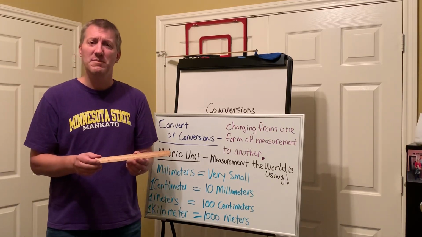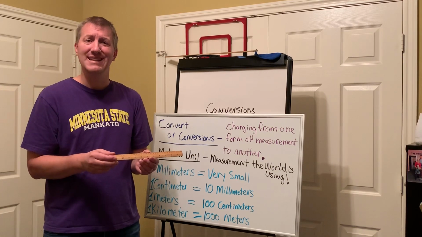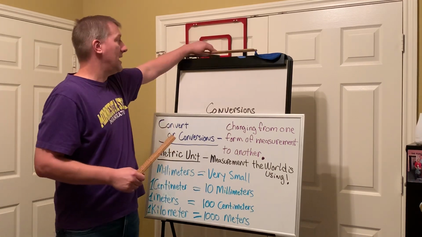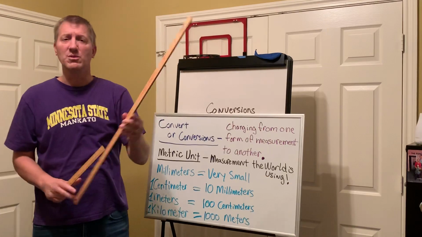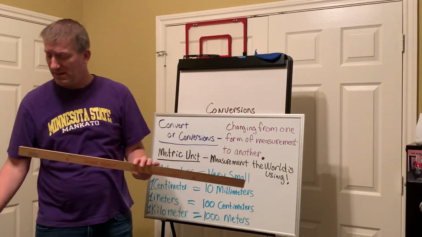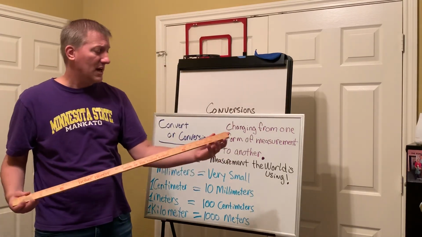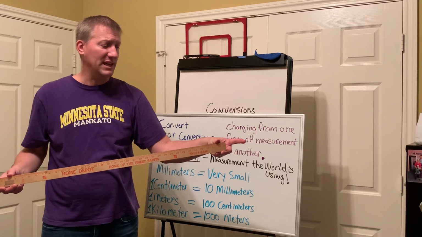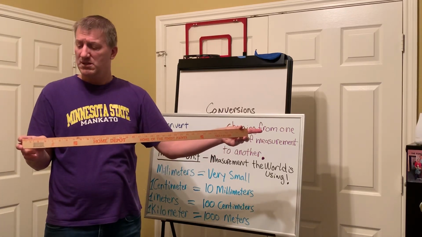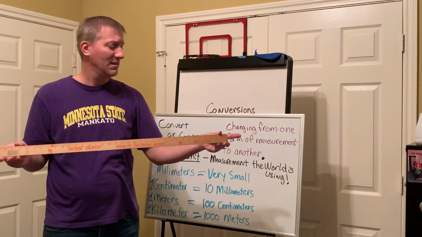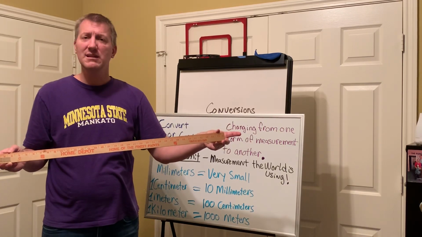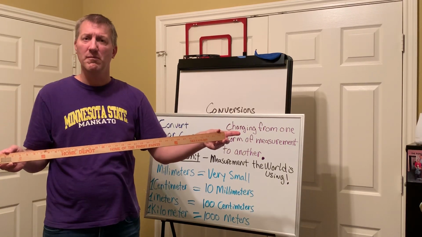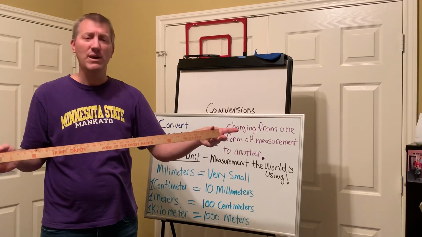The next unit of measurement is a meter. This is a yardstick, but it's close to a meter stick. A meter stick is actually 3 inches longer. If we were in England or Germany or Mexico, they would have meter sticks.